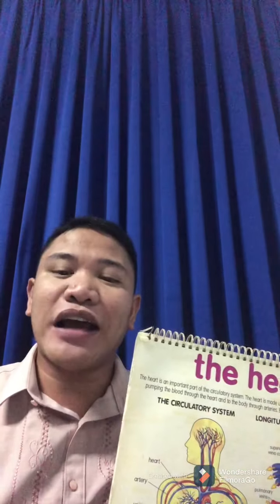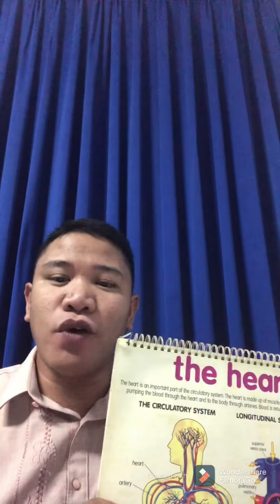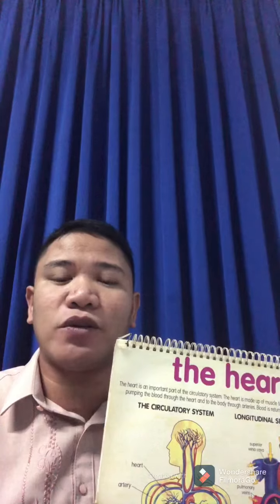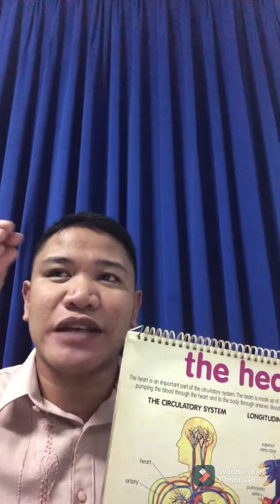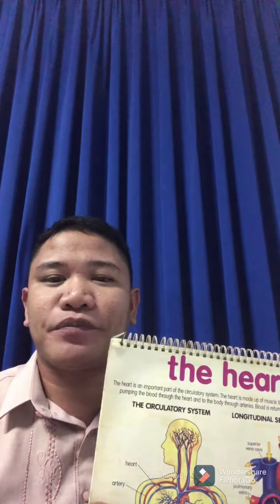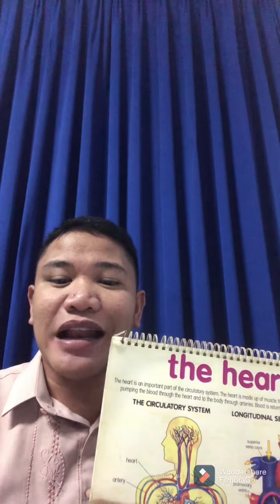Okay? Anong nangyayari doon sa dugo na galing sa superior and inferior vena cava going to the lungs? Now, lahat ng toxic or carbon dioxide, like for example, yung carbon dioxide na galing sa katawan natin, okay? Nilalabas or nilalagay niya doon sa lungs.